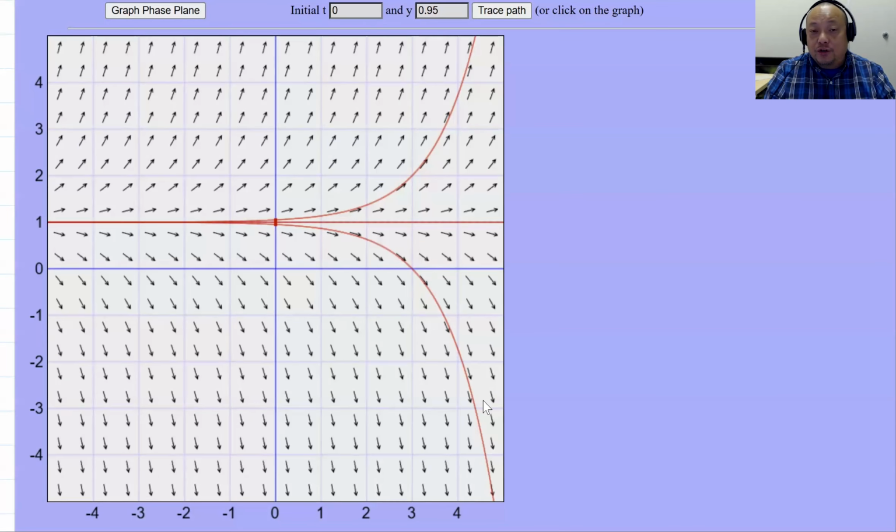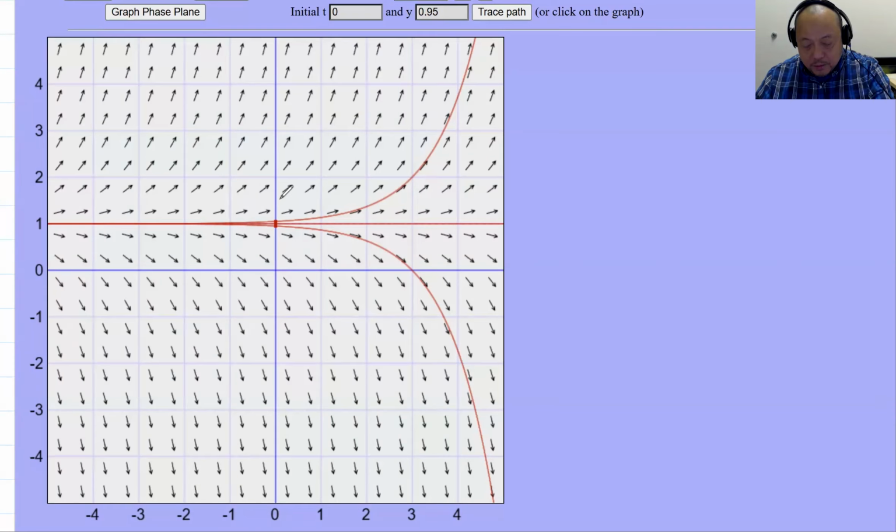Our prediction will also be very far off. This is a situation where we say that the equilibrium solution is unstable. We say it's unstable because we start out with a very tiny error, and it causes a huge difference later on.